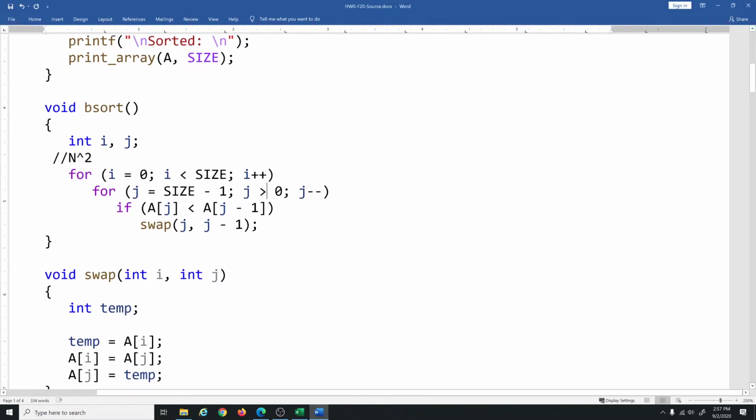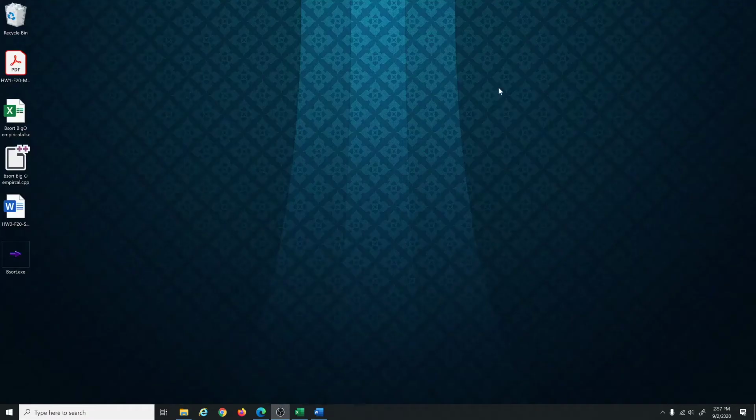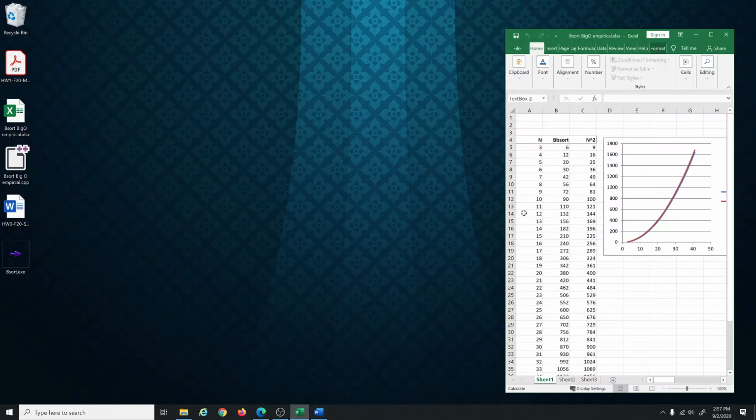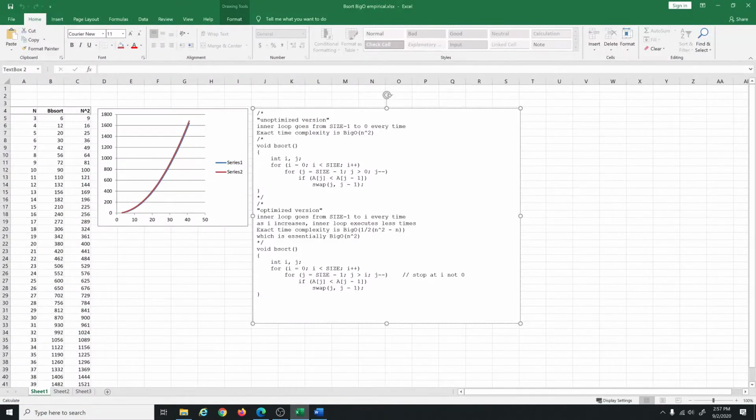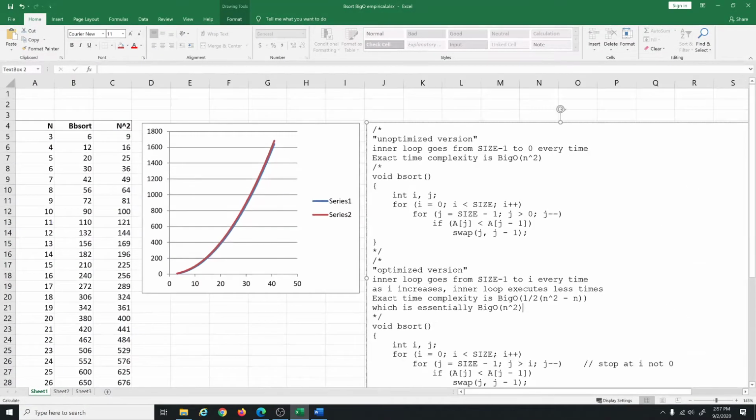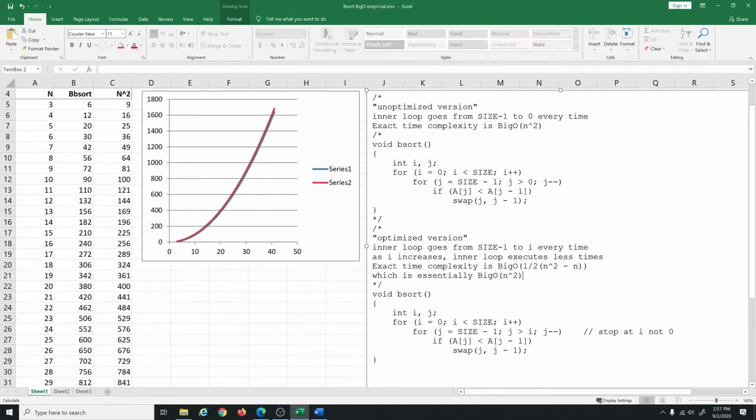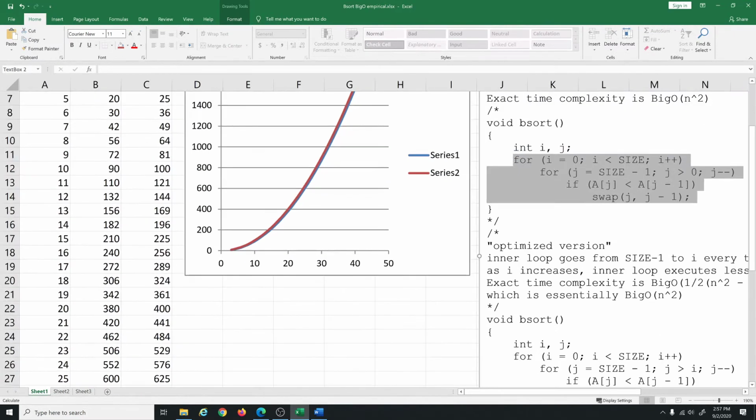Let's just get into it, here, I've got it pulled up. Here's the optimized and the unoptimized version. So here's the unoptimized version highlighted right here. This Excel file is posted for you guys. You can pull it up and look at it.